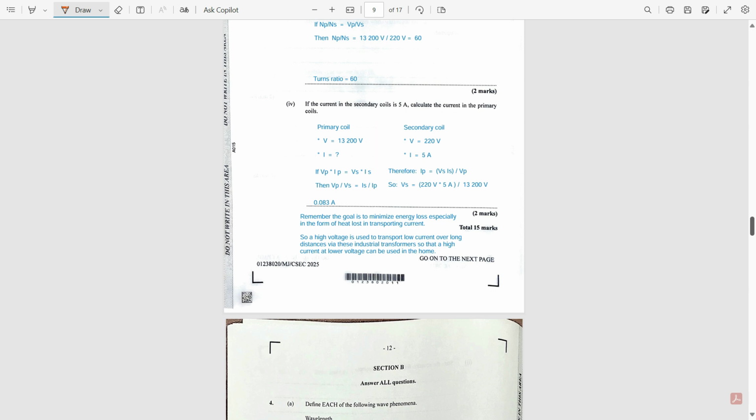So if VP times IP is equal to VS times IS, then VP over VS is equal to IS over IP. Therefore, IP will be equal to VS times IS over VP. As we substitute, we get 220 volts times 5 amps divided by 13,200 volts, and we get 0.083 amps.